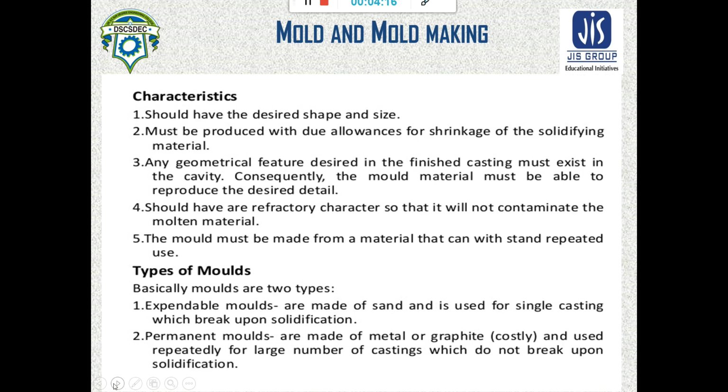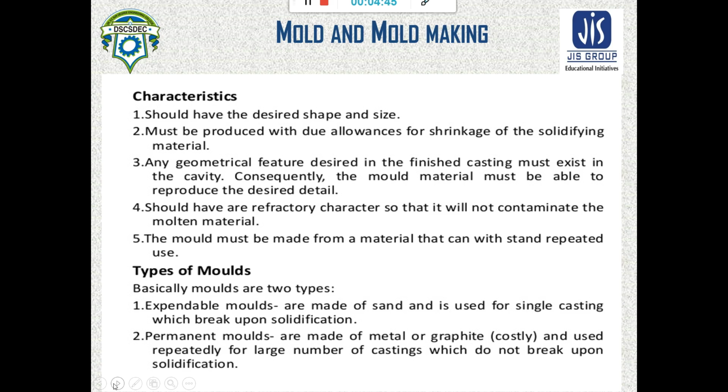Now, what are the characteristics that a mold should have? A mold should have the desired shape and size, and it must be produced with due allowance for shrinkage during solidification of the material, and any geometrical feature that is desired in the finished casting must exist in the mold cavity.